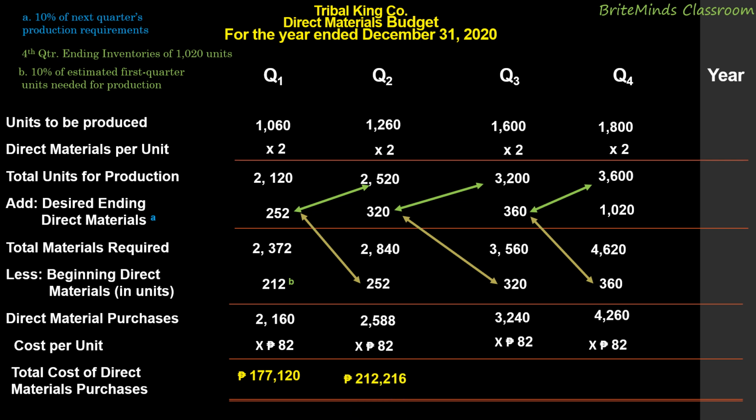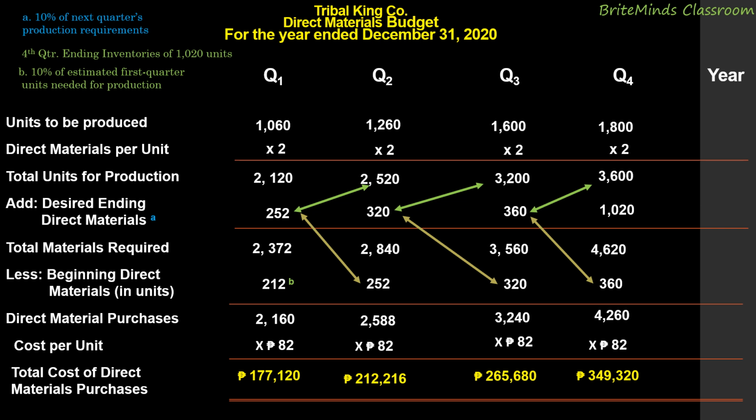So the total cost of direct material purchases for the first quarter is 177,120 pesos. And then for the second quarter, 2,588 units times 82 pesos per unit. So the total cost of direct material purchases for the second quarter is 212,216 pesos. And then for the third quarter, 265,680 pesos. And then for the last quarter, 4,260 units times 82 pesos per unit.